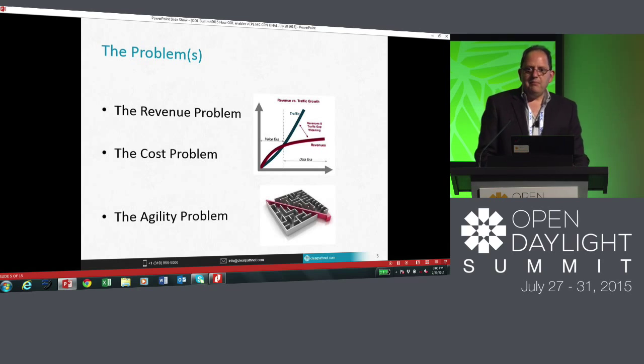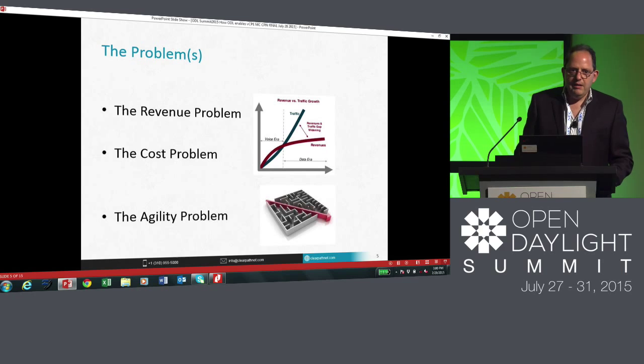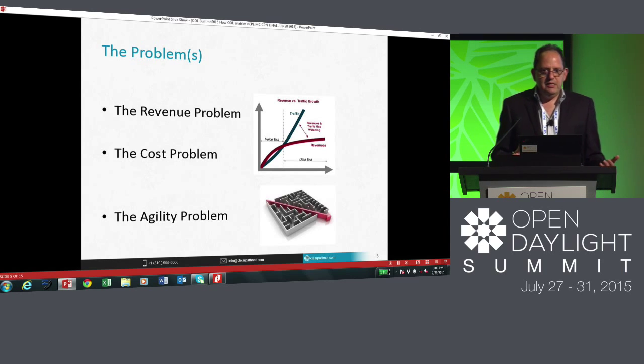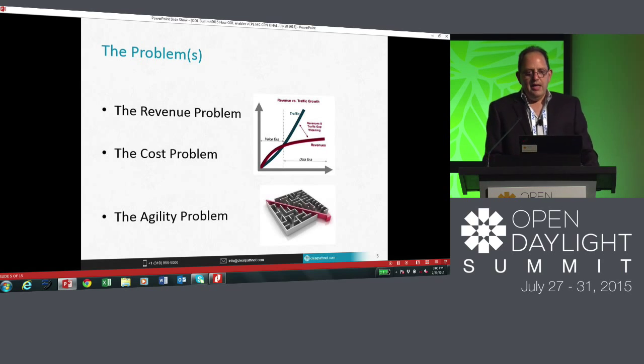And the agility problem is also a major problem for operators to deal with. This has more to do with how operators are able to cope with changing user expectations that everything is going to be available yesterday. And it's not just in terms of accessing data.